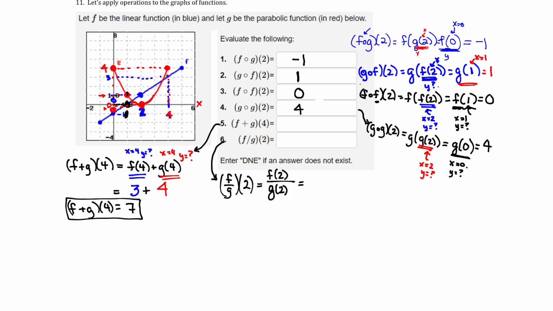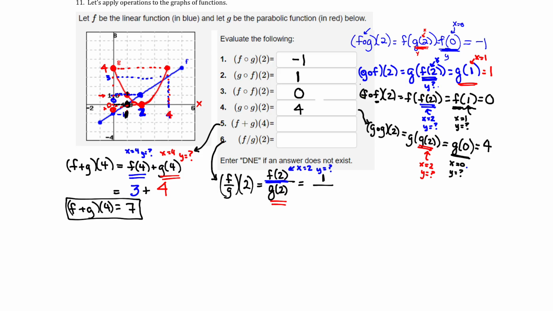And so let's go piece by piece, remembering f of 2 is my blue curve, and it's asking when x is 2, what is the y value on the blue curve? So let's take a look. When x is 2, I'm going to go on my blue curve, and it looks to me like the y value is 1. So f of 2 is just 1 on top.